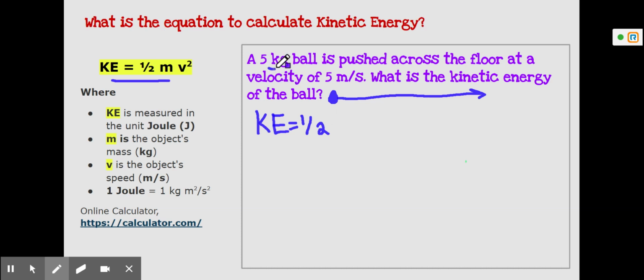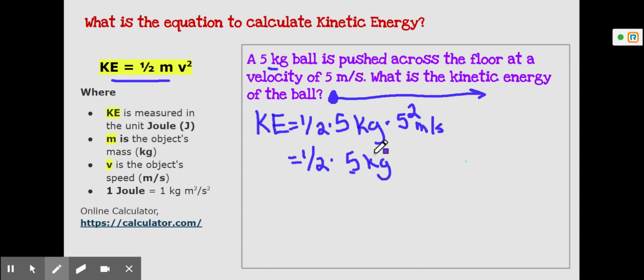Mass is 5 kilograms. And velocity, 5 meters per second, and velocity is squared. The first thing that we need to do is square our velocity. Before we can multiply it by anything, we need to square the velocity.